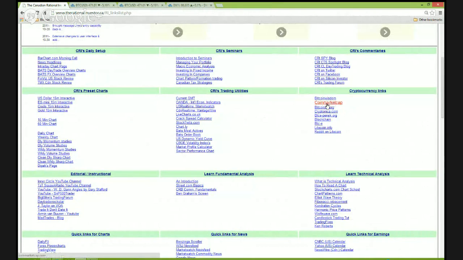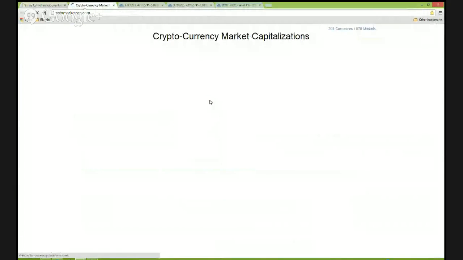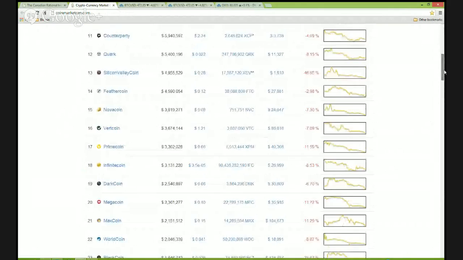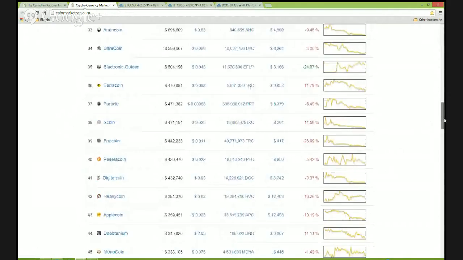One thing I did want to point out, and I just have to make sure which link it is here. Yeah. Just a few months ago, there were just a few of these cryptocurrencies. And now there are tons of them turning up.